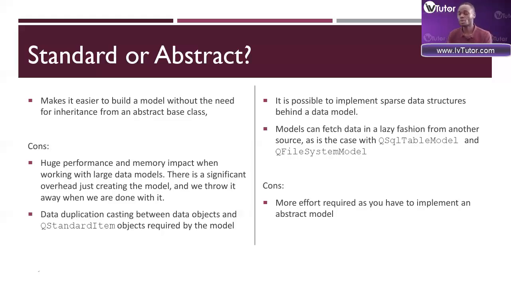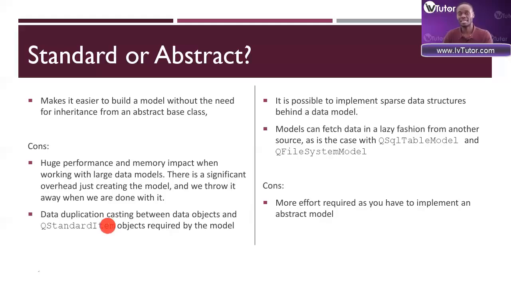But it also comes with its disadvantages, especially if you are dealing with very large data sets. And the biggest issue there is performance. The QStandardItemModel only deals with QStandardItem objects, right?